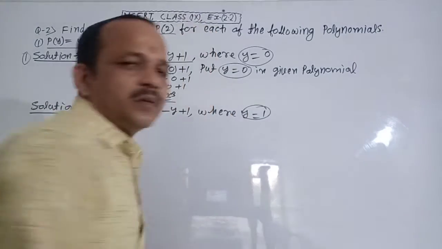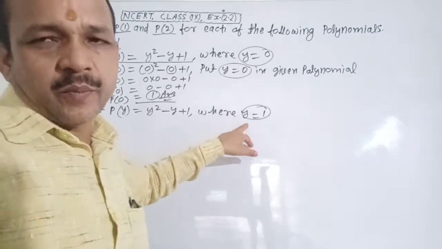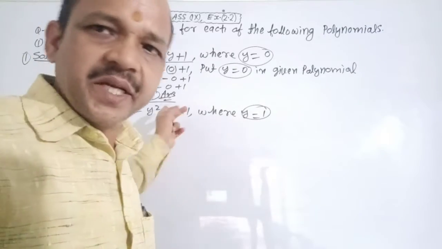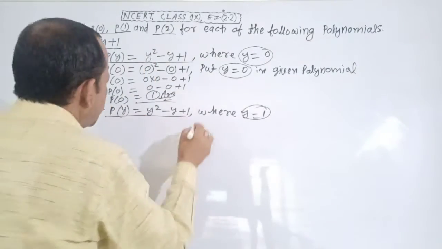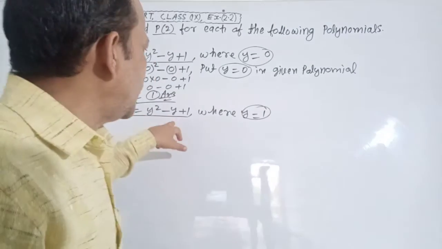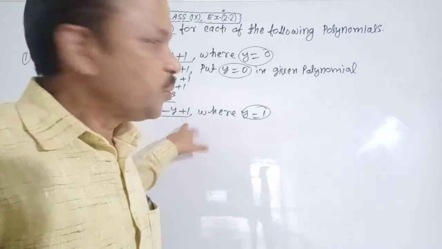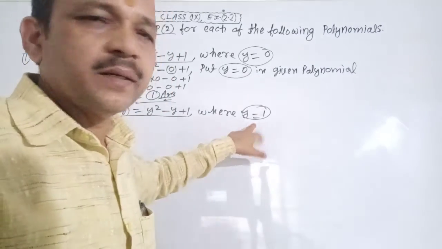Next time you put the value of y equal to 1 in the given polynomial. It is clear? Given polynomial is P(y) equals y square minus y plus 1. Put y equal to 1. Clear?